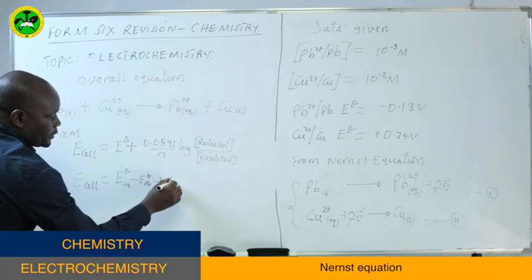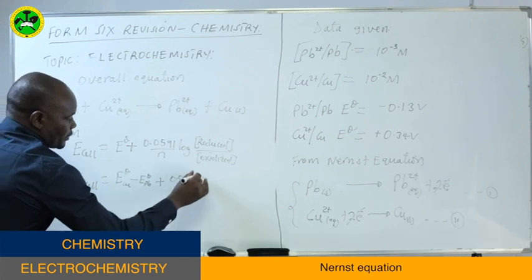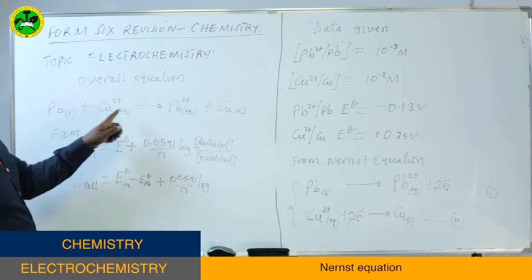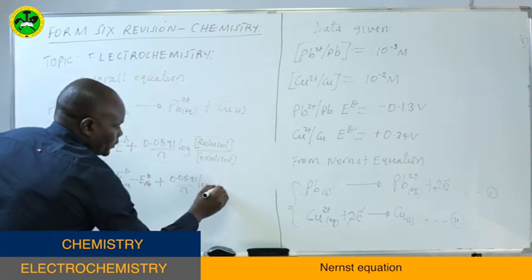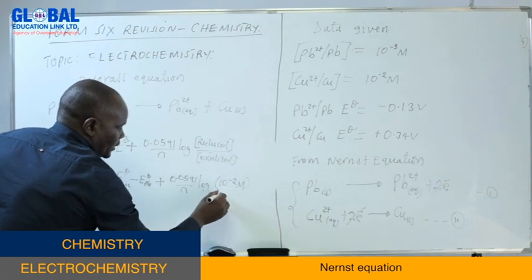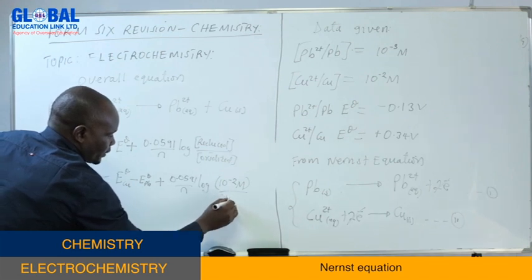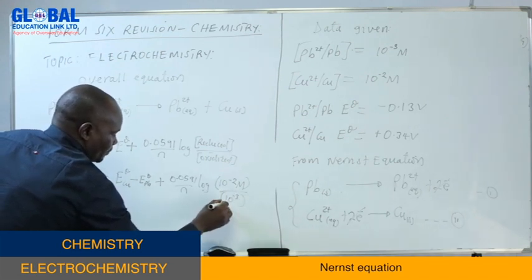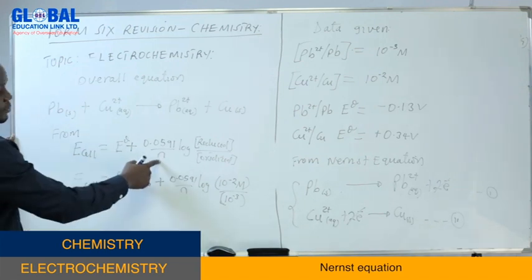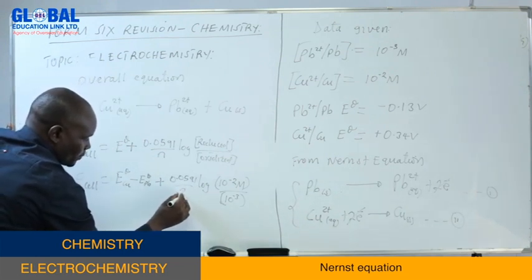Then there will be plus 0.0591 over N times log of the reduced species, copper. So the concentration of copper, which is 10 per negative 2 moles, divided by the oxidized species, the concentration of lead, which is 10 per negative 3. So that is our equation now. But N here is 2. N is 2 from the balanced equation. So here you put 2.